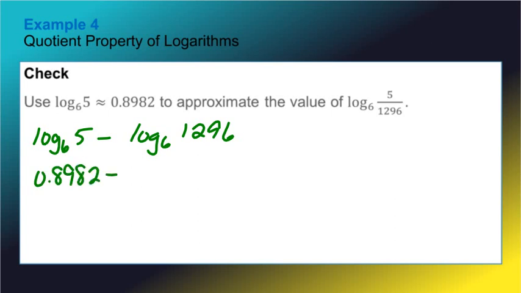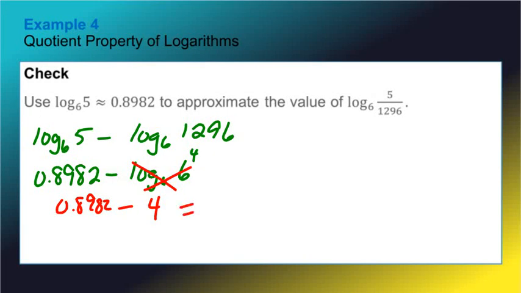And log base 6, this would be 6 to the 4th power. And I know log base 6 of 6 undoes each other. So that makes it 1, so it brings down the 4. So now I have 0.8982 minus 4, and we get an answer of negative 3.1018.